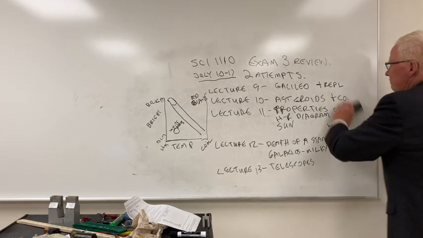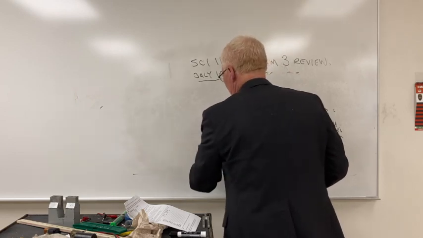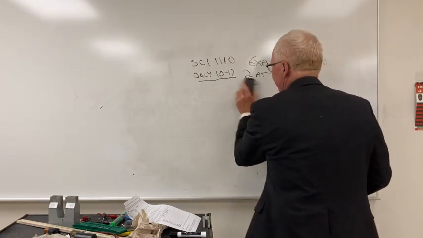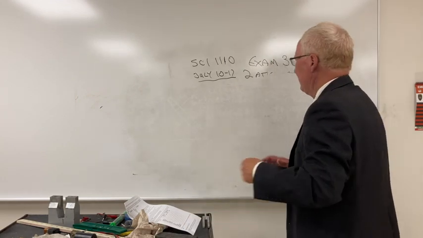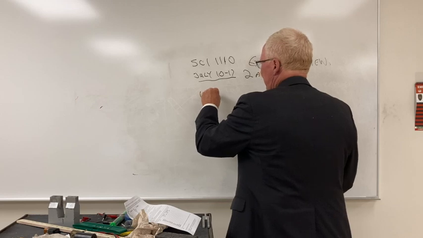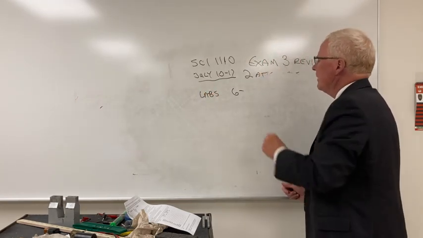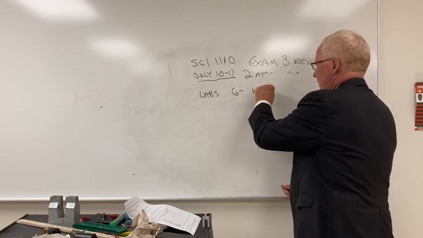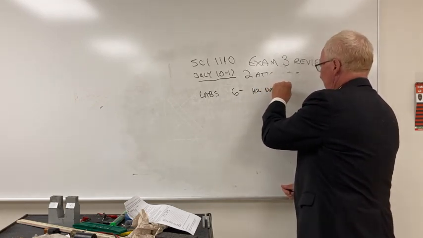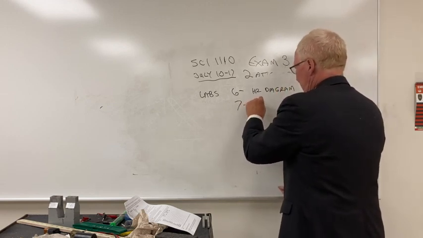Okay. Then if we look at the other parts, look at the labs. Lab 6, which is on the HR diagram. Seven, which is Kepler's law.